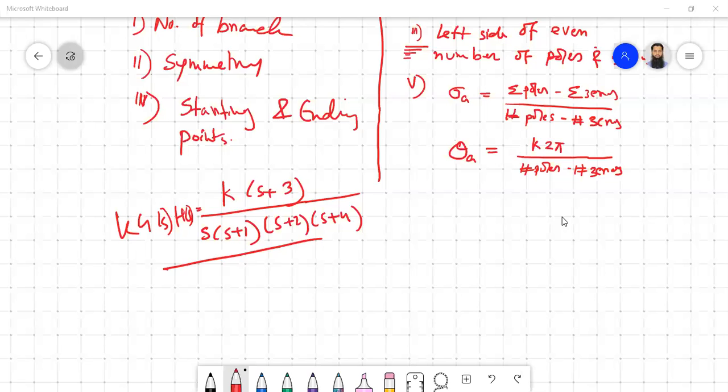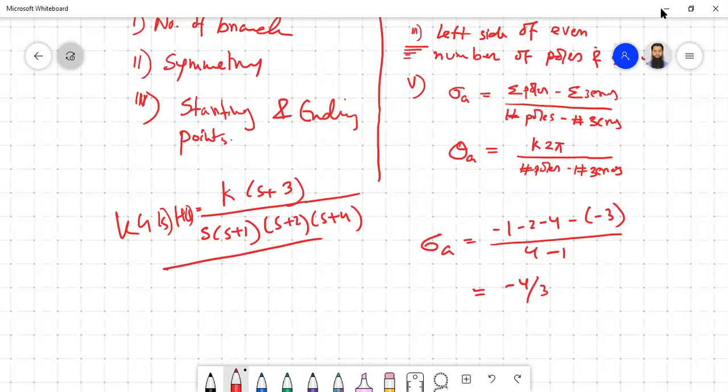Let me just figure out the angles for you. So sigma A will be remaining unchanged. Sigma A will be minus 1, minus 2, minus 4, minus 3, divided by 4 minus 1, that is 3. So what will be minus 4 by 3?